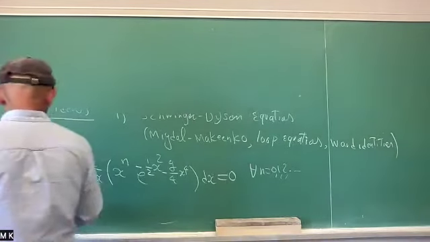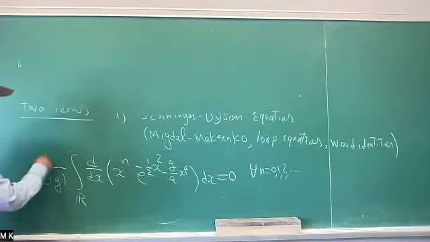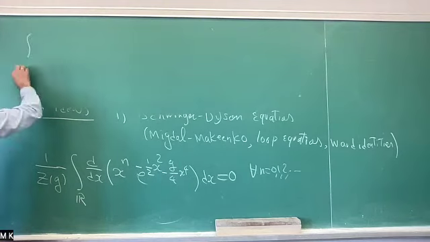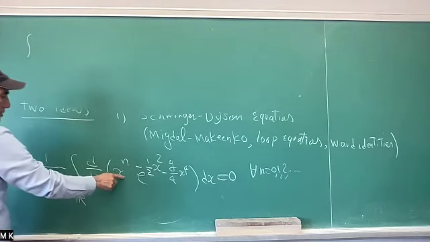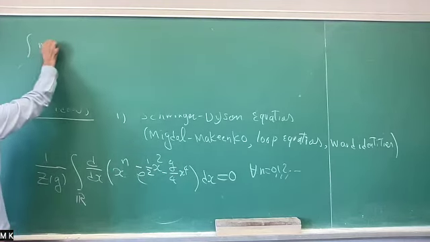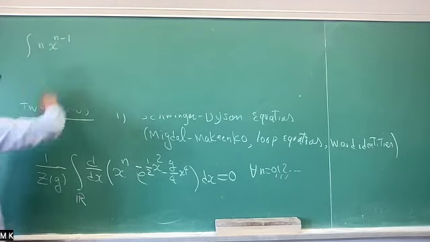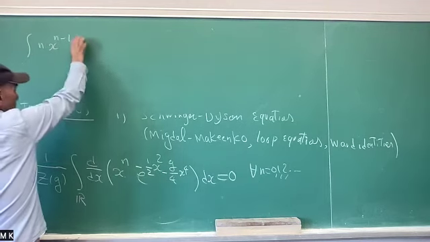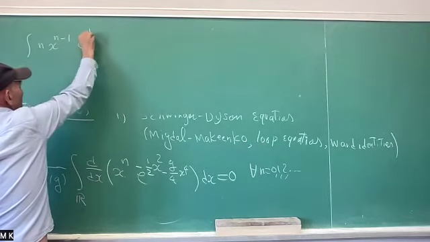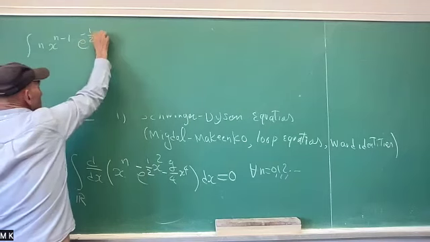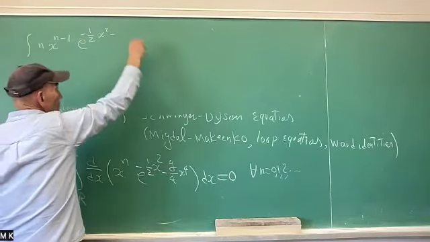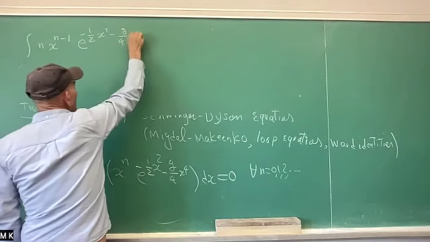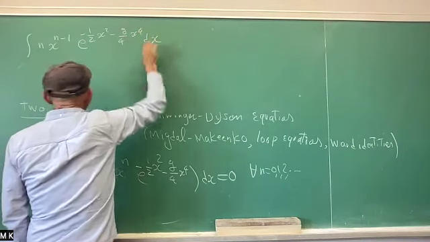So Z(g) I can cancel from both sides. I get the integral over R of n x^{n-1} e^{-1/2 x^2 - g/4 x^4} dx.